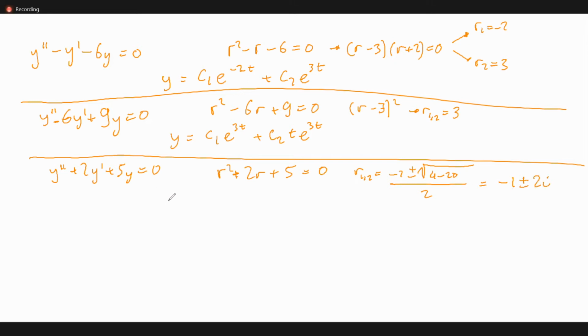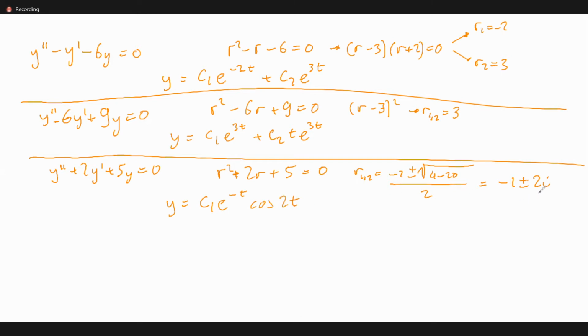And we know that the solution is given by C1 e to the power of -t. So the real part of the complex number becomes the argument of the exponent, times the cosine of 2t.